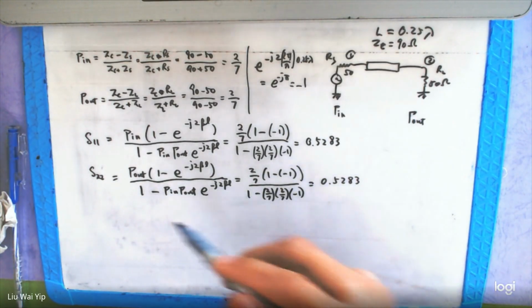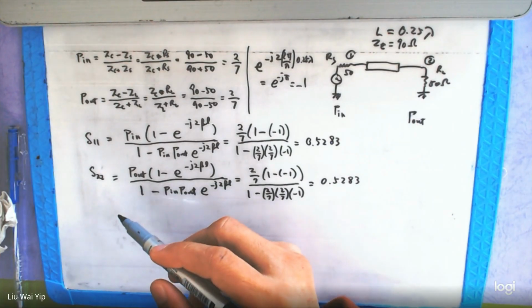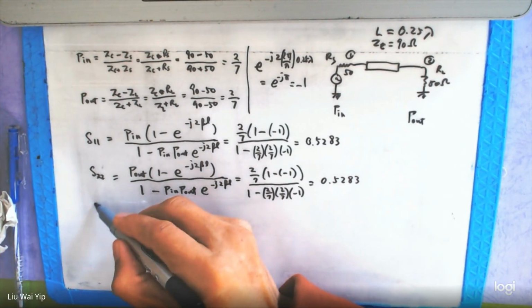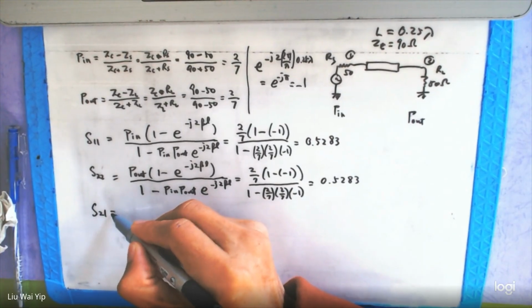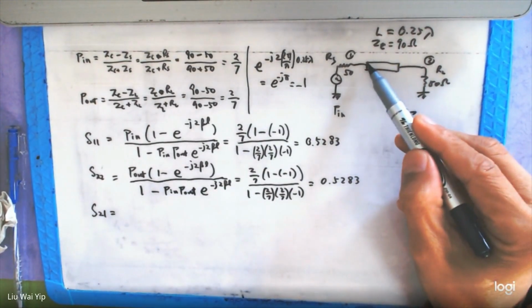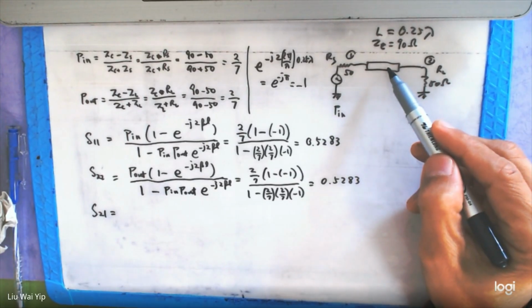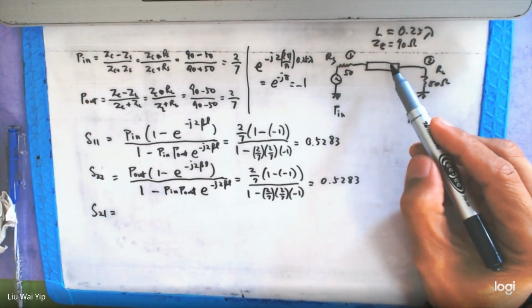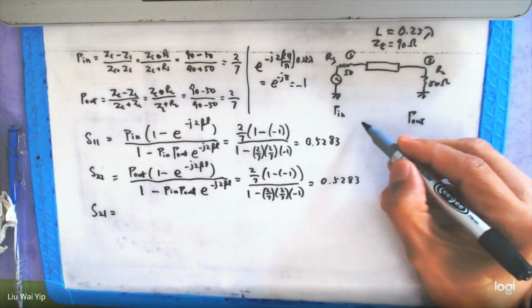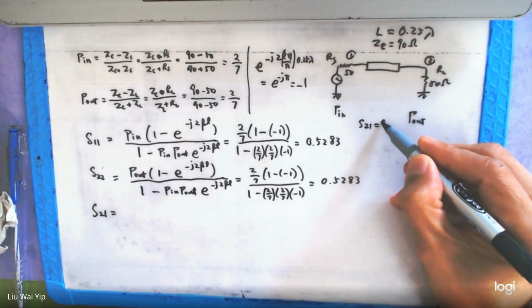Now, for S21, you need to use a different formula because the circuit here is basically passive. So in this case, S21 has to be equal to S12.